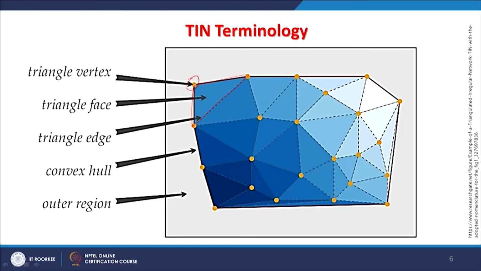So that is a plane. Here this is the plane between three points. These are the edges of a triangle, and then you may have a convex hull or concave also, and then the outer region.